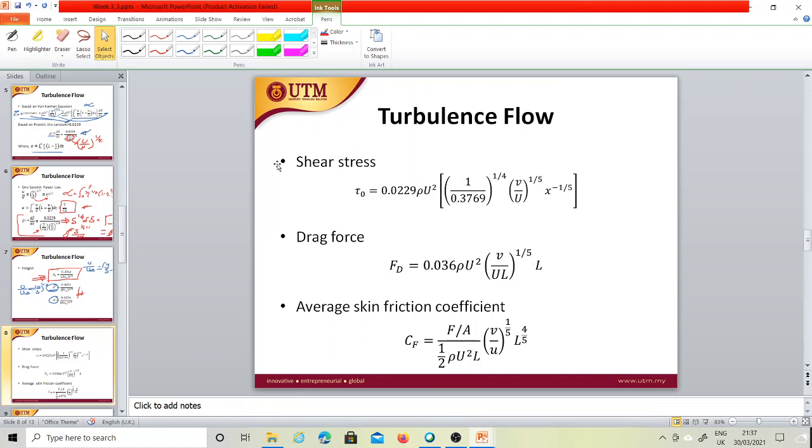Then we have the stress, I mean the wall stress.